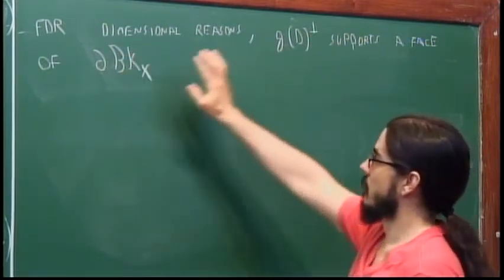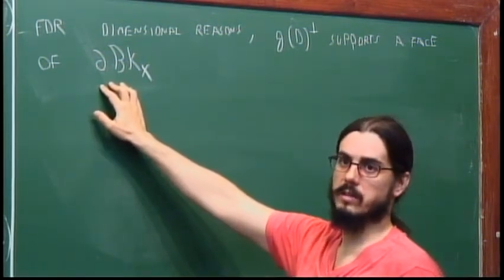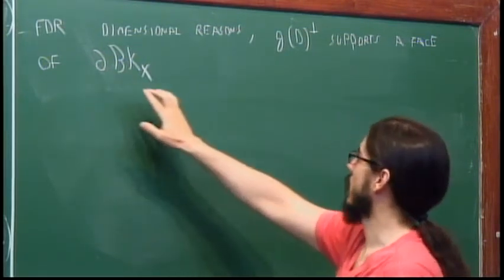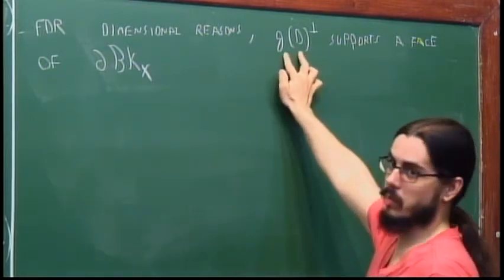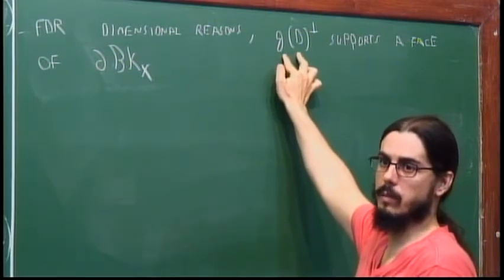And a face of this boundary is dual to an extremal ray in some birational model. So actually, G of D is a multiple of an extremal ray in some birational model.